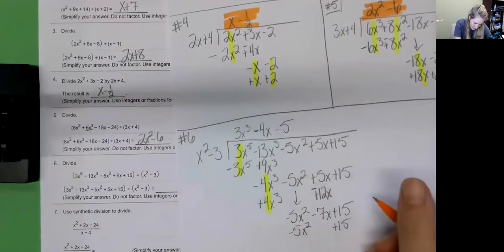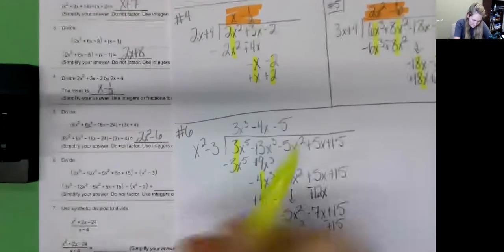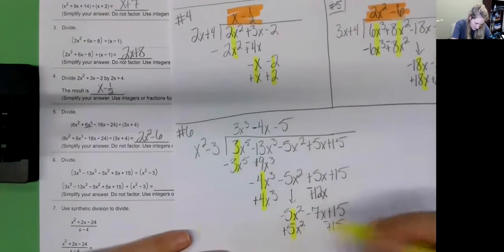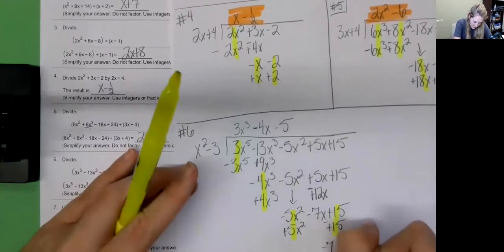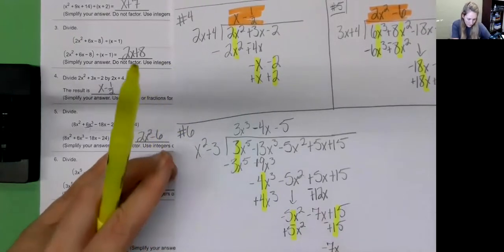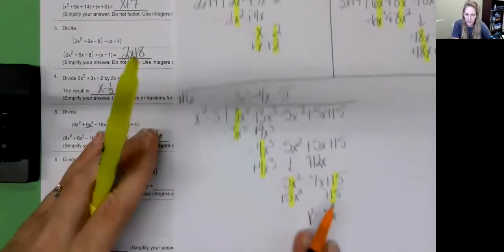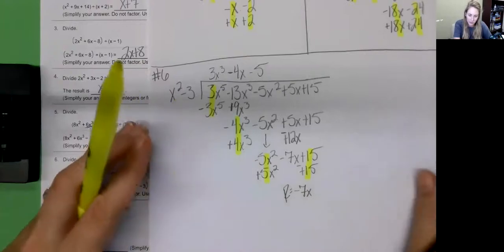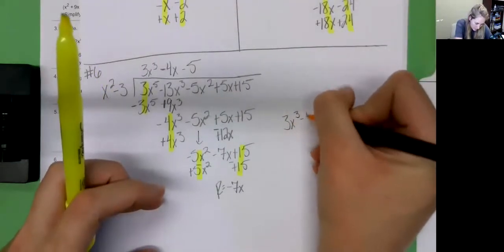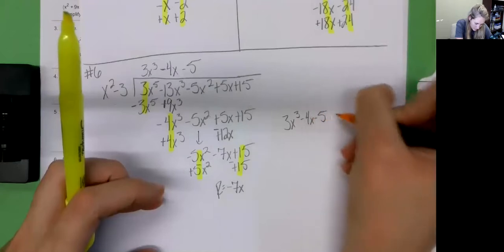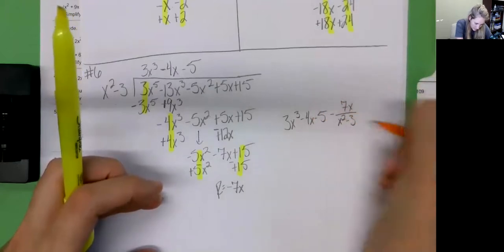And then we're going to change our signs. This would be 0, and this would be 0. But I still have a negative 7x here. So this is my remainder because it doesn't go into this x squared minus 3. So when I write this answer out, it's going to be 3x cubed, subtract 4x, subtract 5, subtract 7x over x squared, subtract 3.